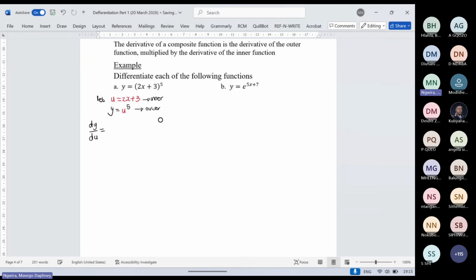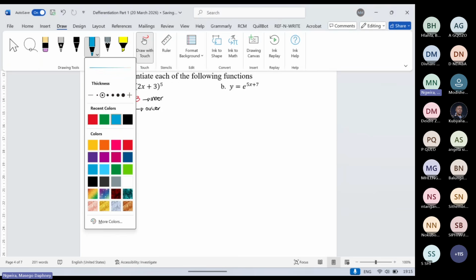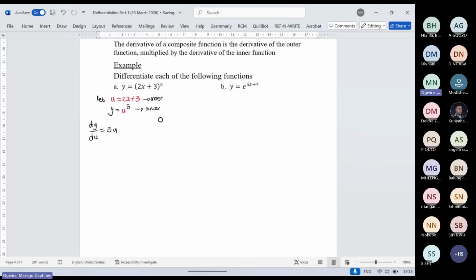I'm going to differentiate this. When you differentiate this, remember, you take the 5, you write it here. So this is 5, and then u, and then 5 minus 1. We did this, I did this with you, when we were doing the power rule.